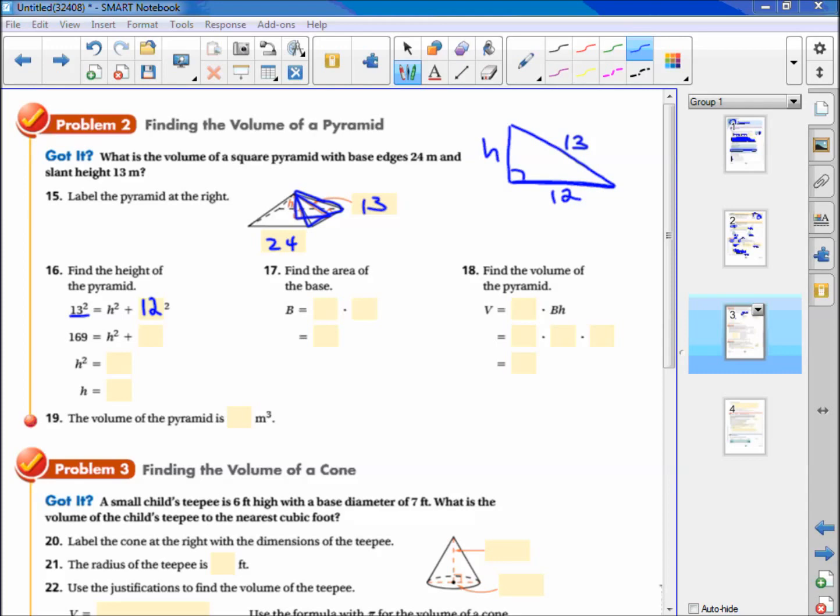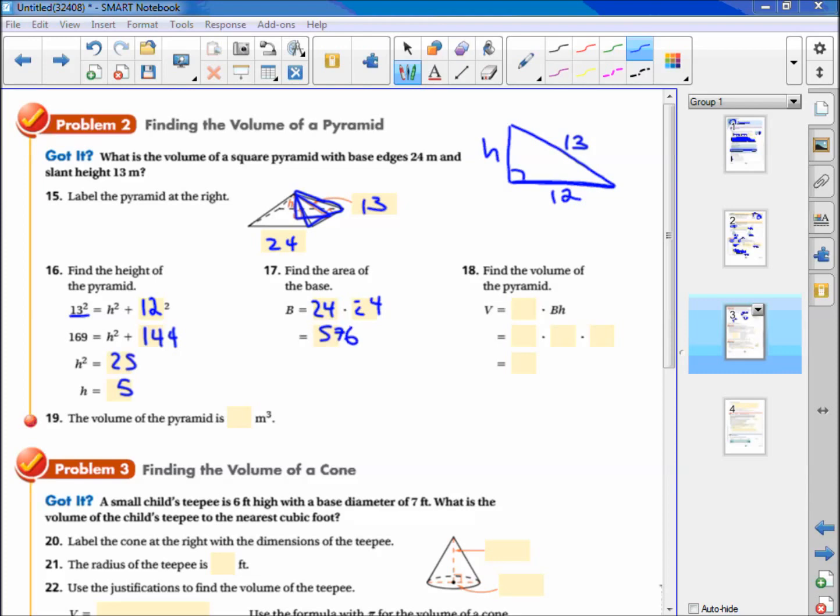So 169 is equal to h squared plus 144. Then I'll subtract 144 from both sides to get 25, and then square root to get the height of my pyramid is 5. Now we need to find the area of the base. This is a square pyramid, so the base is 24 on each side. So 24 times 24 will give me 576.